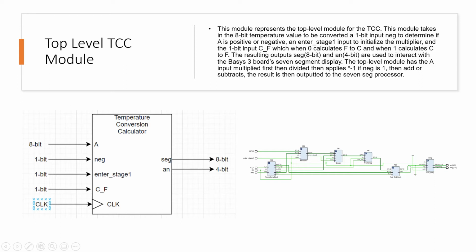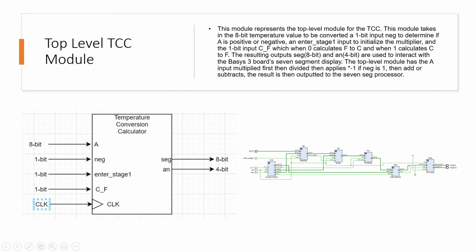They are decided by the CF value, and the neg input that goes into the initializer decides whether or not the positive to negative or pos neg module either passes its input through to its output or simply inverts it into a signed binary value to be used by add subtract. Given these, we can see that CF and neg are able to decide which conversion process is used, but still using the same amount of modules in order to accomplish the same task.